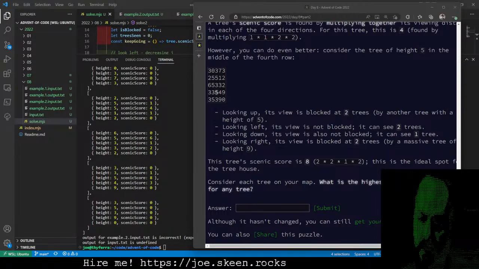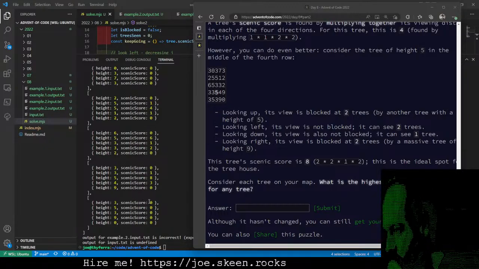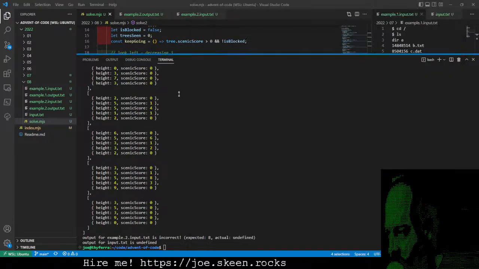Now I just need to find the largest in the list. I can't believe I didn't think of this on part 1, but I can use JavaScript's flat function to flatten the array, or flat map.